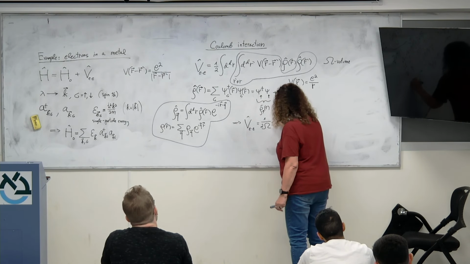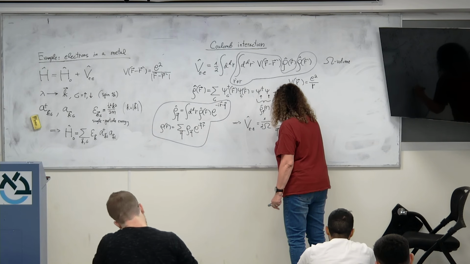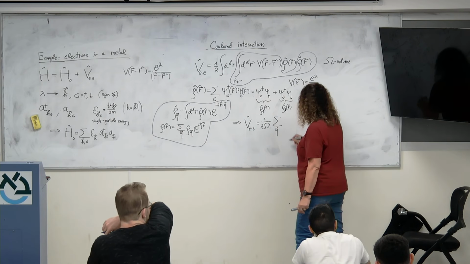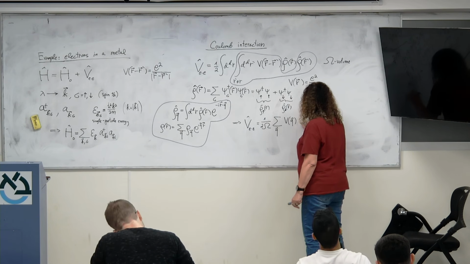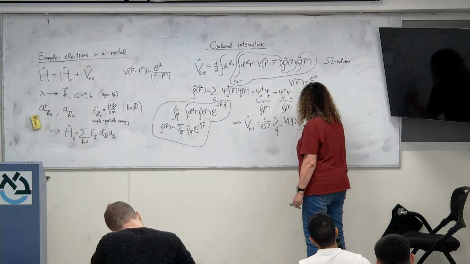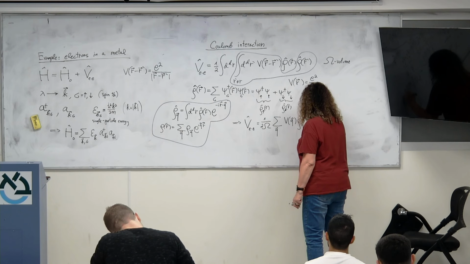And then I have a sum over q of V_q rho_q rho_minus q.